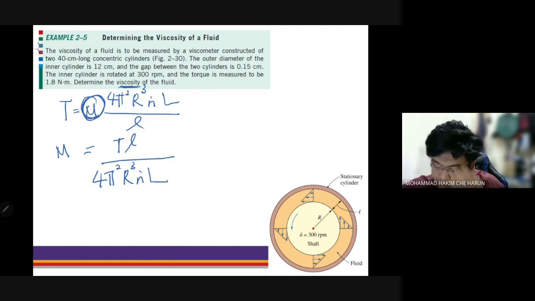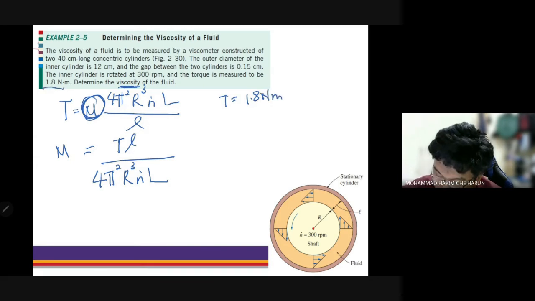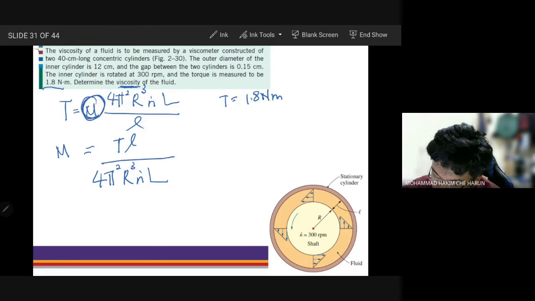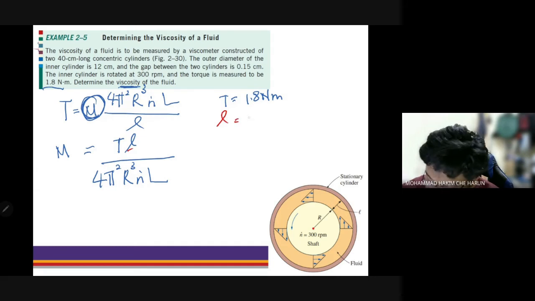Okay, so here let's gather the information we got. Given in the equation, T equals 1.8 Newton meter. And then what else do we have? l is given here as 0.15 cm.